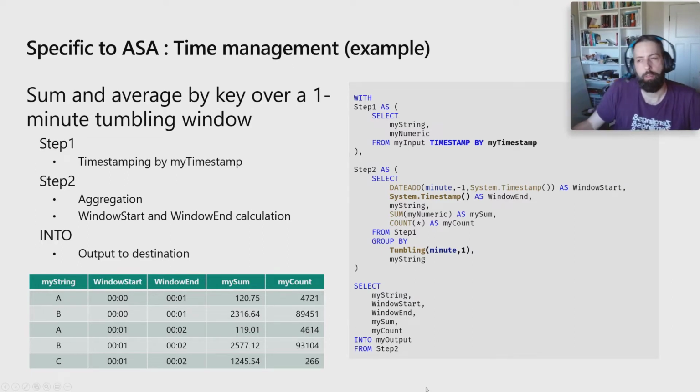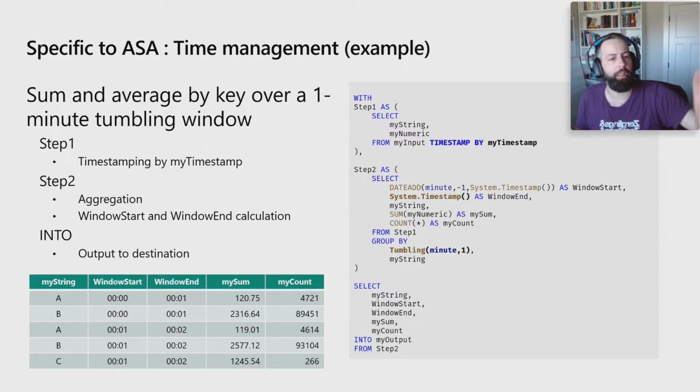And you could say, oh, we could have written that into a single statement. We could have collapsed that into a single statement, selecting all those fields into my output, from my input timestamp by, group by tumbling. Yeah, you could have put that into a single SQL statement without using the CTEs.